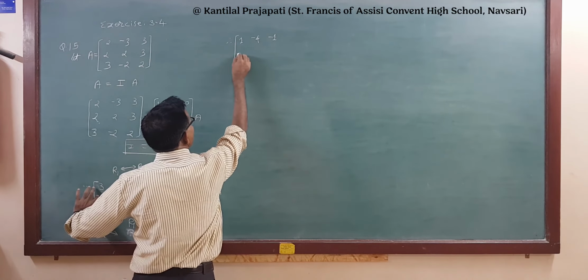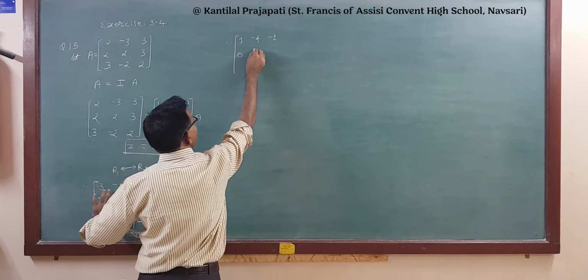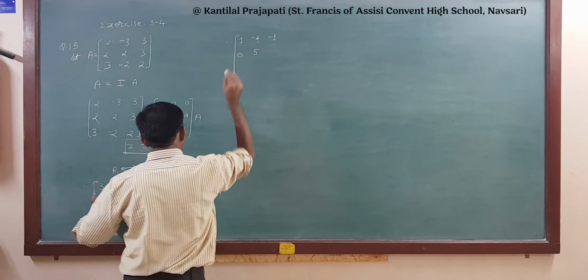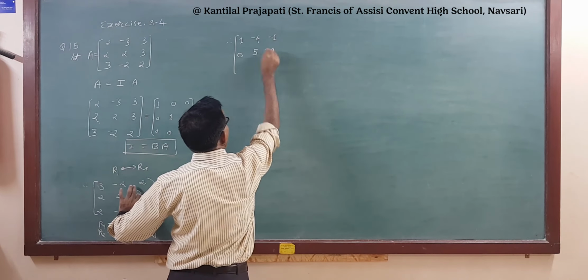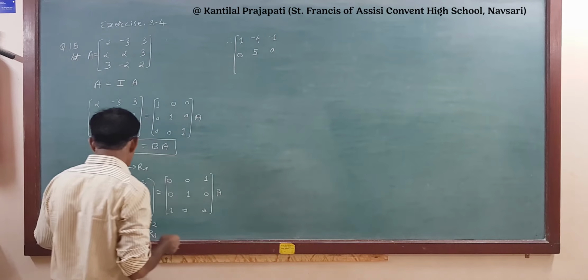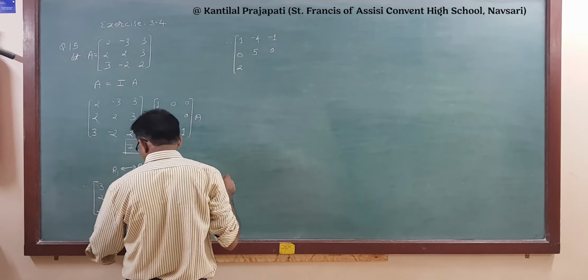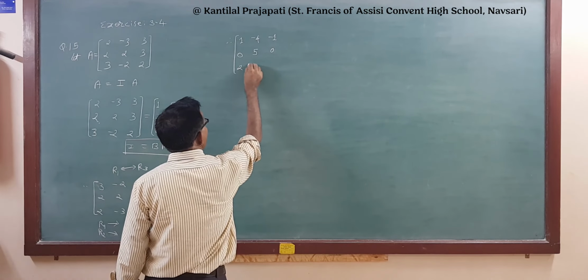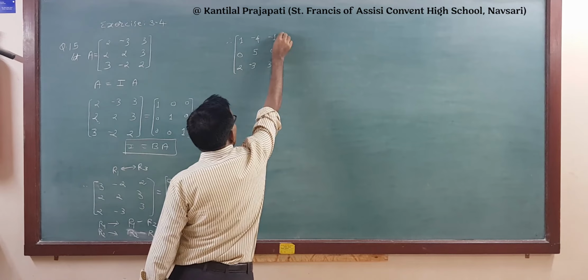Remember this, 2 minus 2 is 0. 2 minus 3, that is 2 plus 3, you get 5. Then 3 minus 3, you get 0. Right? And the last row is as it is. So only the first and second rows change here.